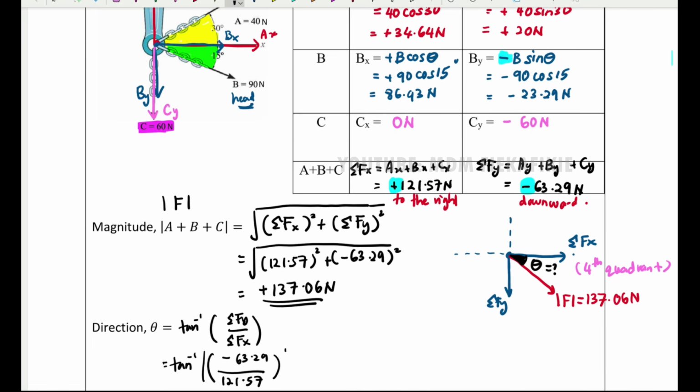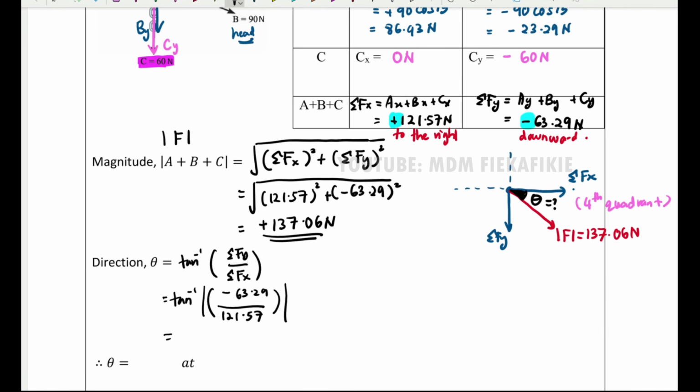Okay, so you akan dapatlah nilai dia. Okay, angle, finally you gonna have the angle is equal to 27.50 degree. Okay, 27.50 degree at fourth quadrant.